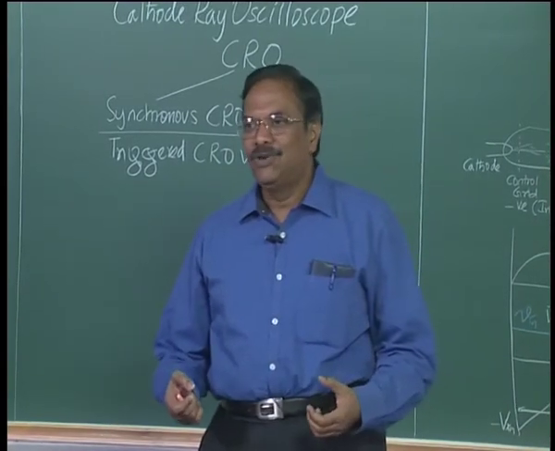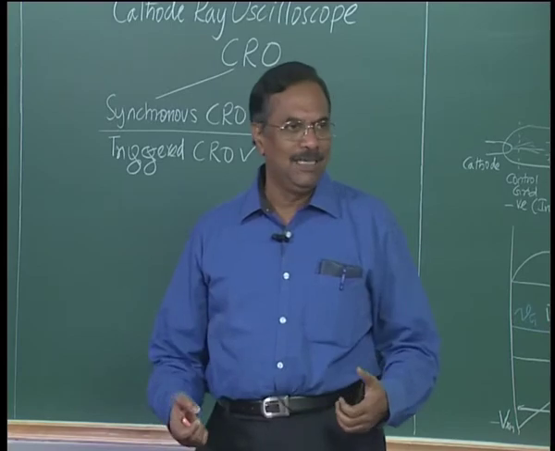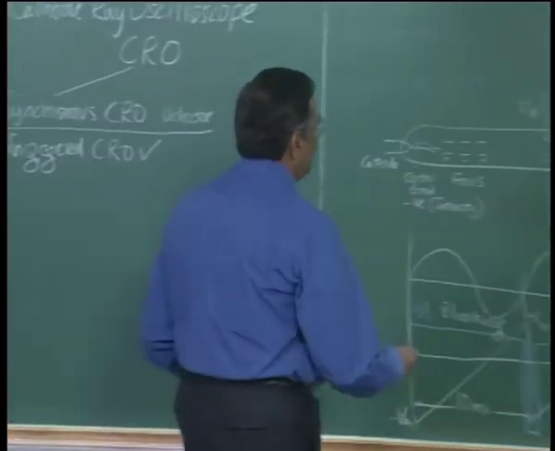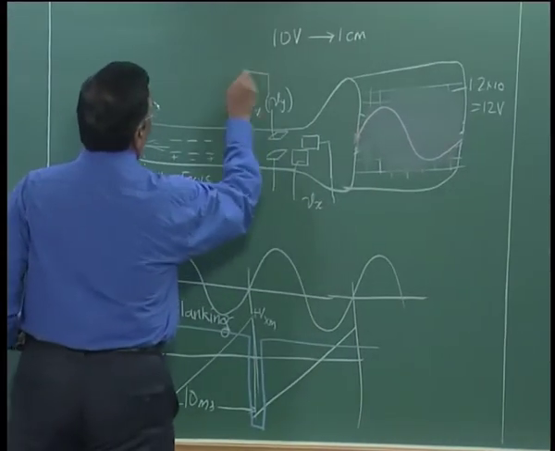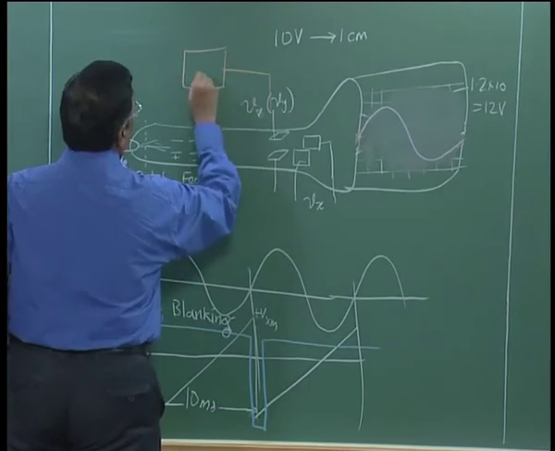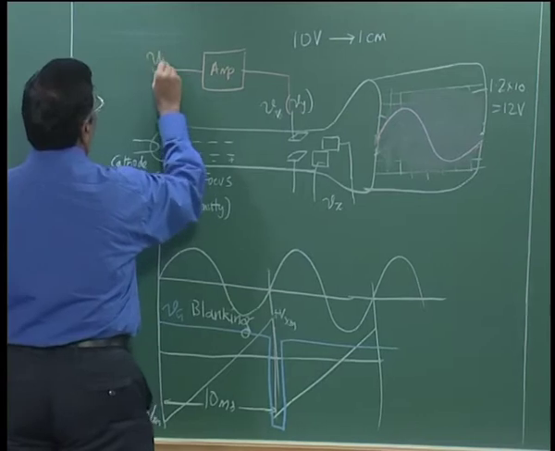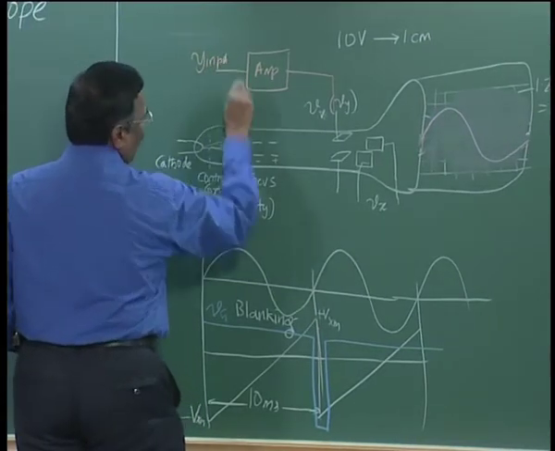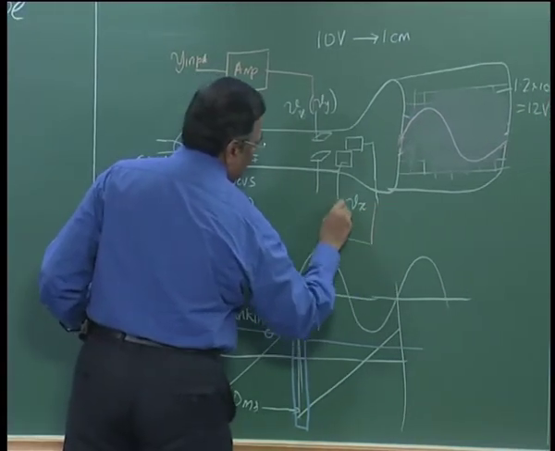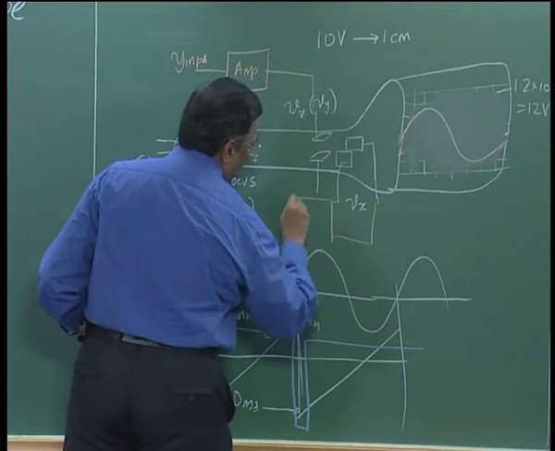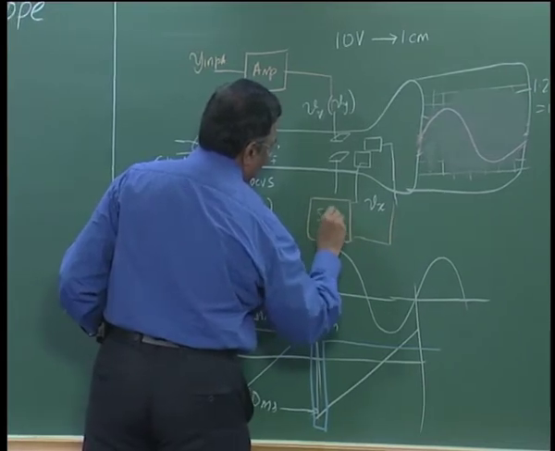So, if I have my input, I put an amplifier, I have the Y input, and for the X I put a sawtooth wave generator.